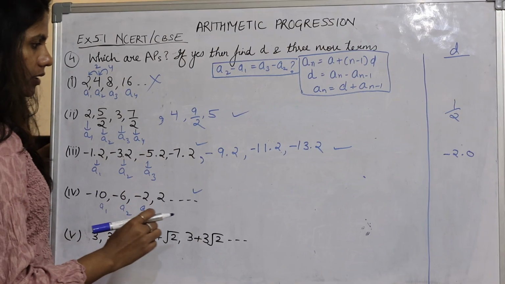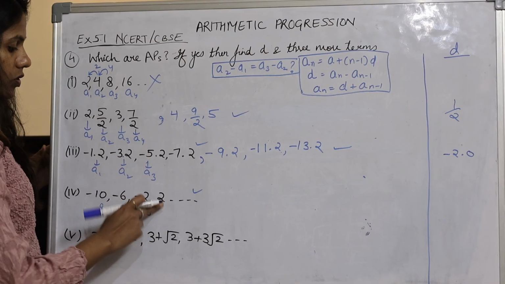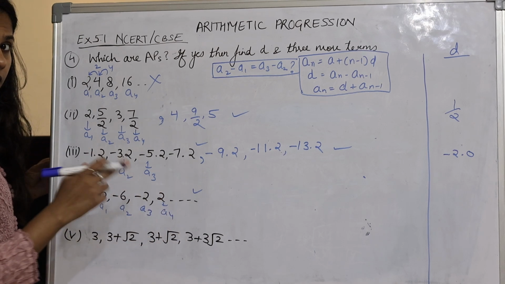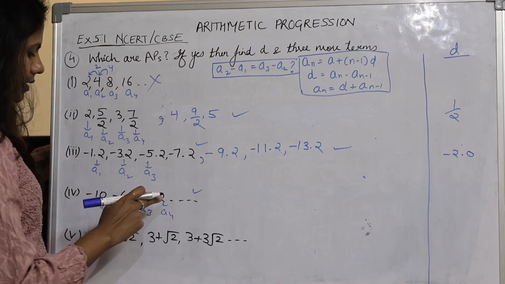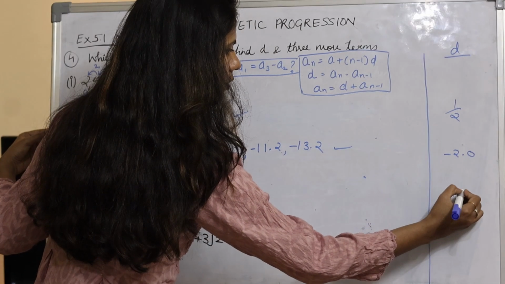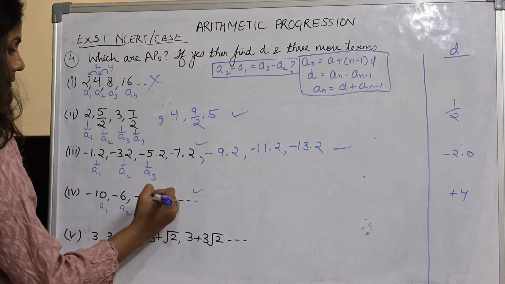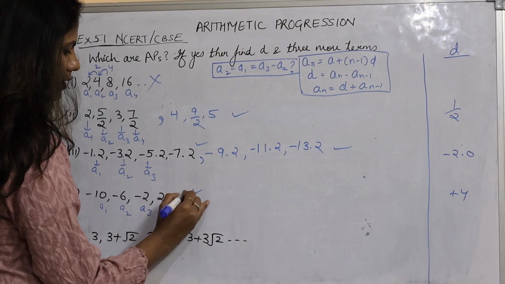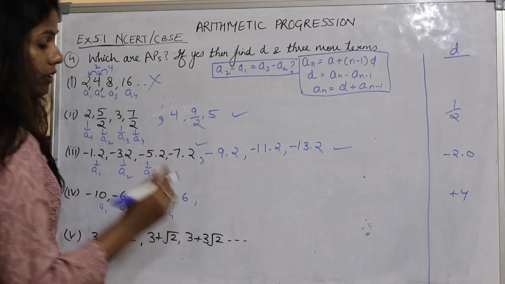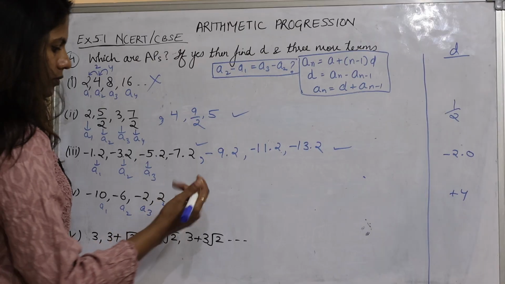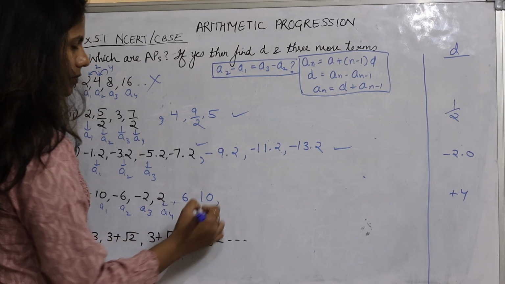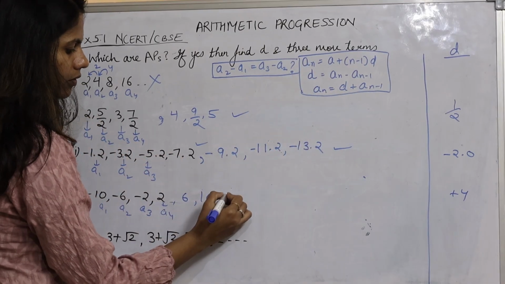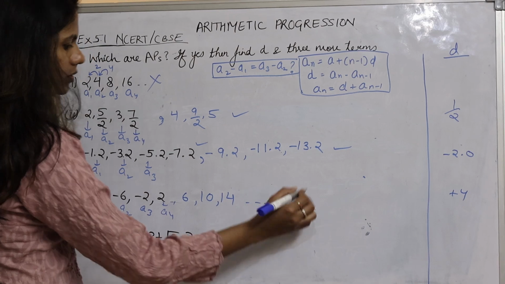Now for the next 3 terms, this is the last term, the fourth term. For A5, it will be D plus A4. So what is D here? We saw D is plus 4 here. So 2 plus 4, it will be 6. Now 6 plus 4, it will be 10. 10 plus 4, it will be 14, and so on.